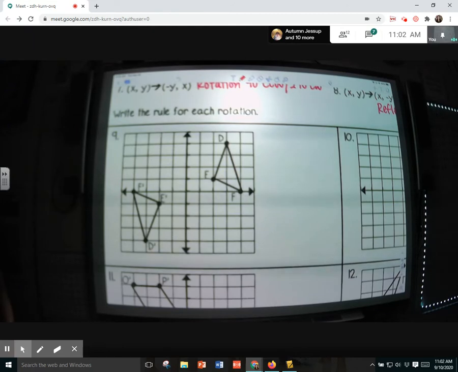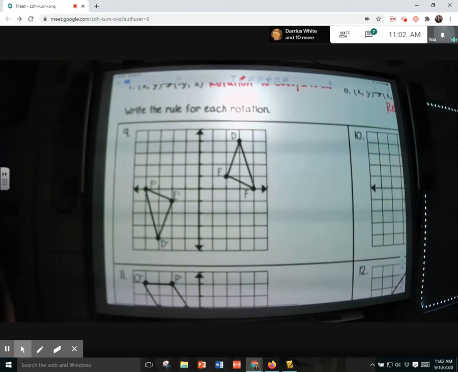But I know I went 1 quadrant, 2 quadrants, right? 1, 2. So if I go 90, then another 90, what's 90 plus 90? 180. So I rotated 180. I need the rule for 180, which is (x, y) goes to (negative x, negative y).